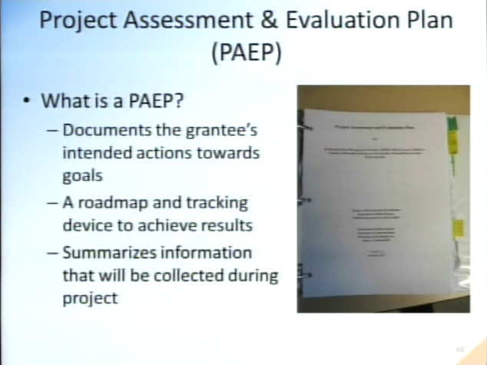It's going to tell us the goal of your project, and then as you implement your project, what's your roadmap and those milestones along the way to make sure that at the end those goals are met. And the PAEP, as we call it, is going to summarize that information and have it right there where you and the grant manager and the public know where to find it and can monitor as we go along through the project and make sure that we're staying on track and that we're going to get the benefits that the state is anticipating by funding this project.